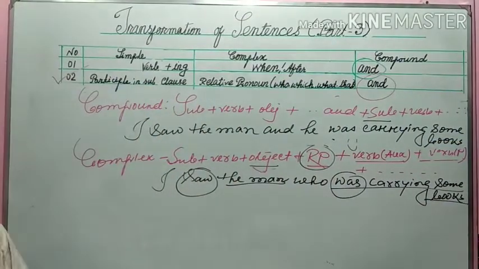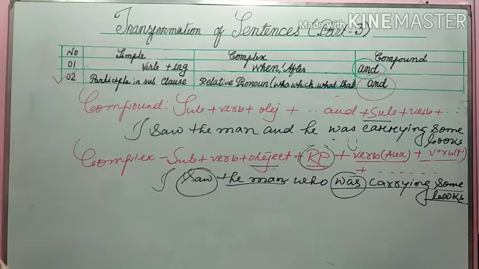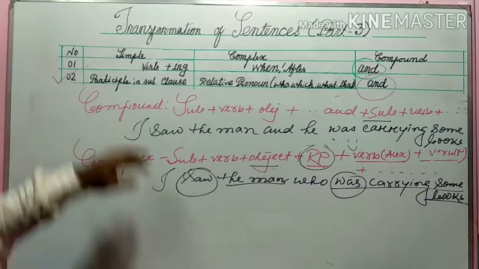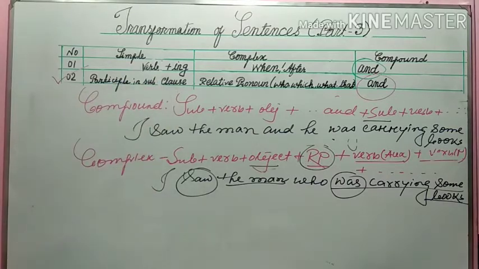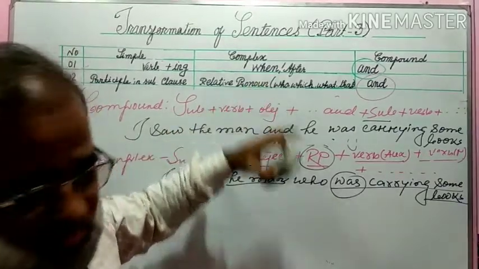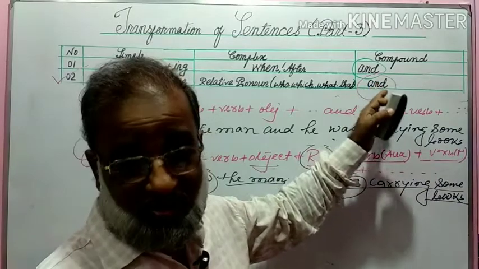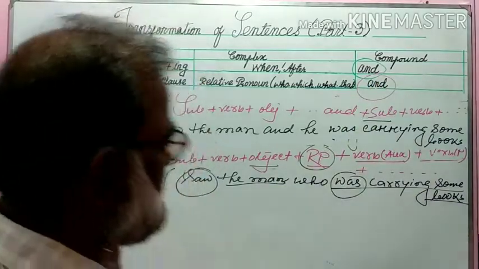So this is simple, complex and compound of these structures. Present participle in the subordinate clause, relative pronoun will be in the complex sentence, and we shall use and in the compound sentence.